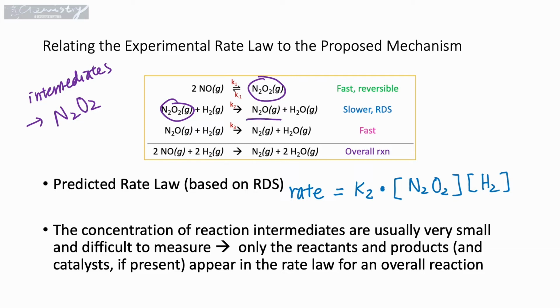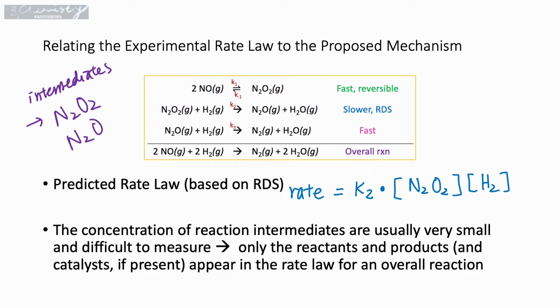Another intermediate is N2O. So these two species are inside the elementary steps, but are not in the overall. One way to determine it is to track the reactants and products. The other way is to add all these together and cross out whatever is the same before and after. Whatever is the same is the intermediate.